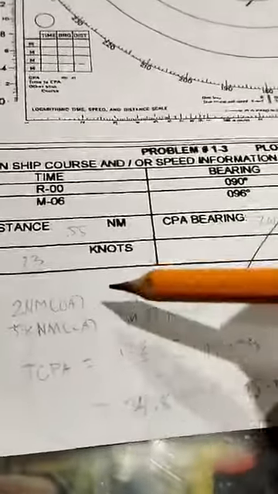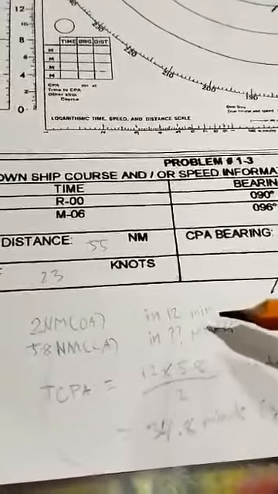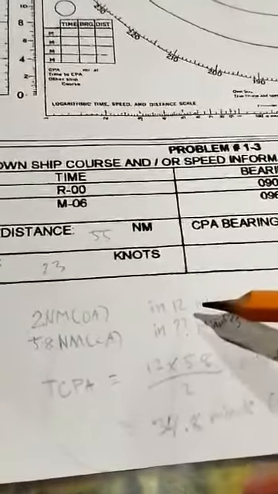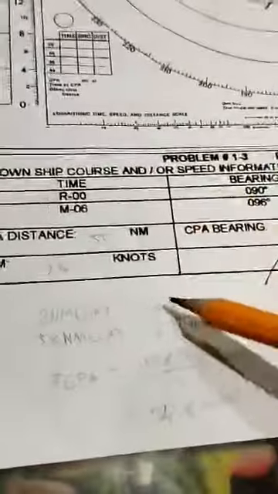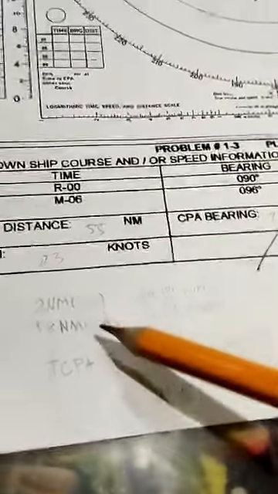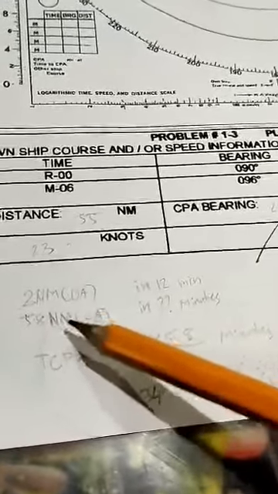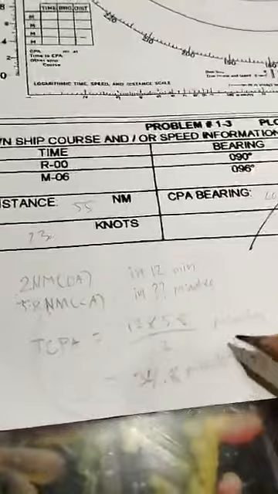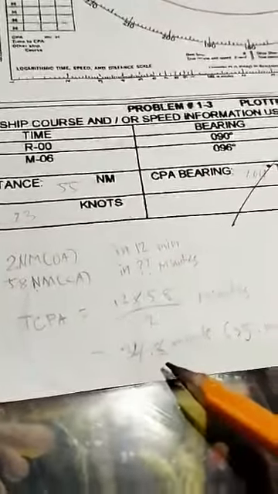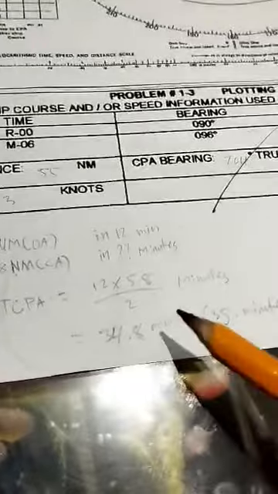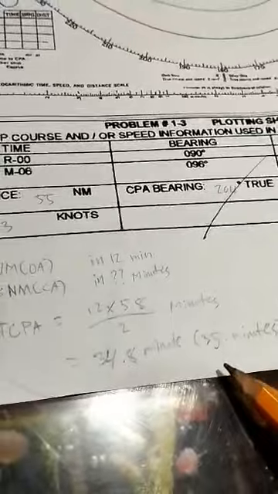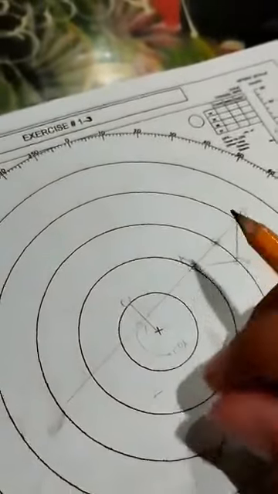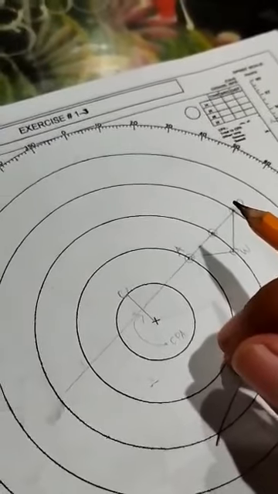So we need to calculate: 12 times 5.8 nautical miles over 2, which is 34.8 minutes, and we will round it off to 35 minutes.